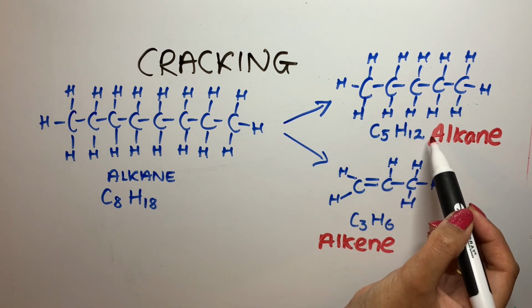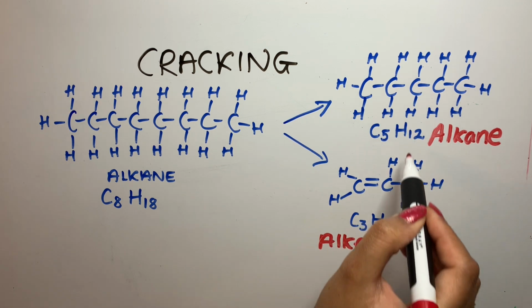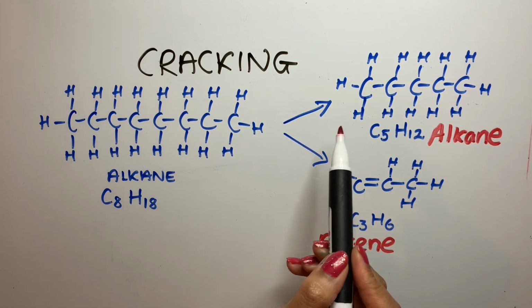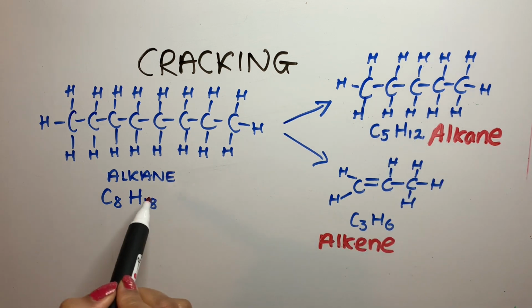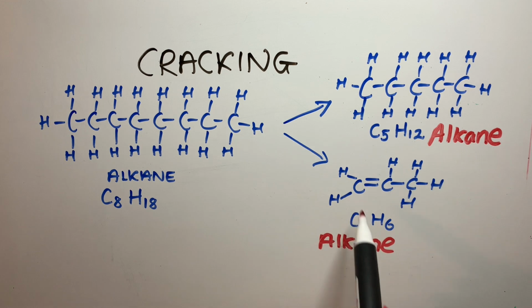So if I look here, I've got 12 hydrogens there and 6 hydrogens there. So that gives me my 18 hydrogen atoms at the end. So it's important to remember that the number of atoms that we have at the beginning is equal to the total number of atoms that we have at the end.